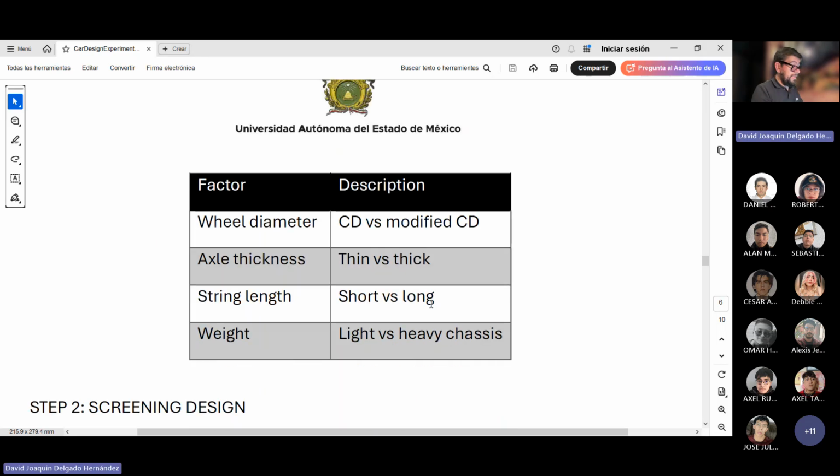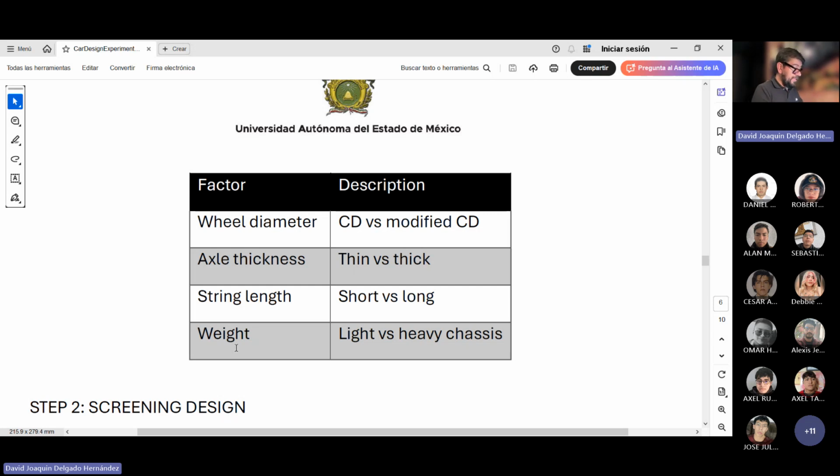Another factor will be the wheel diameter, okay? You can have the actual CD or you can cut it somehow or use, I think, mini CDs that were available at some point. So you have to decide that. The axle thickness, again, you can use thin versus thick.